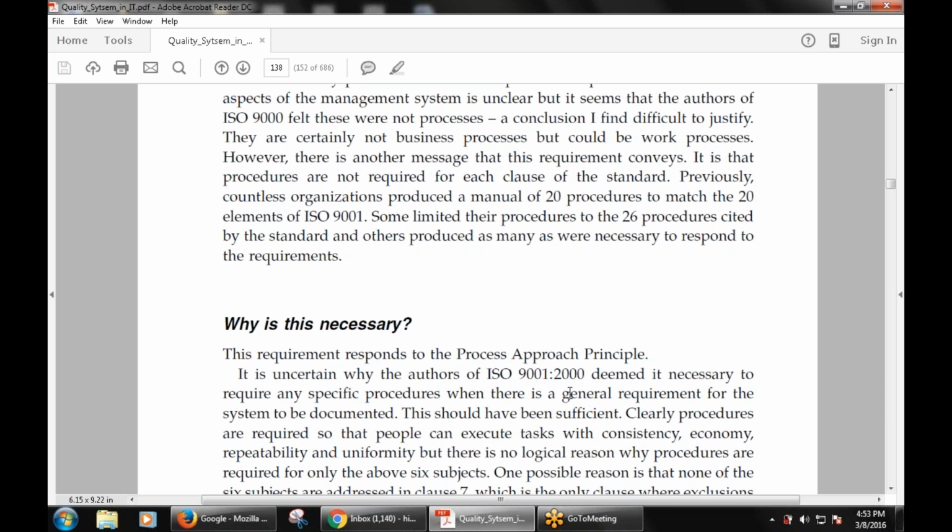What are the various system requirements that are to be documented? This should have been sufficient, and clearly procedures are required so that the system can execute tasks with consistency, economy, repeatability and uniformity, but there is no logical reason why procedures are required for the above 6 subjects.